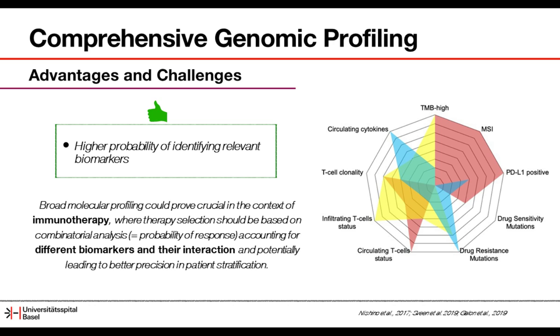So finally, I would say that comprehensive genomic profiling in general will prove very important in the context of immunotherapy. You can see here that there are really several biomarkers that are being studied, and some of them are already being used in the clinics to address the probability of response to immunotherapy.